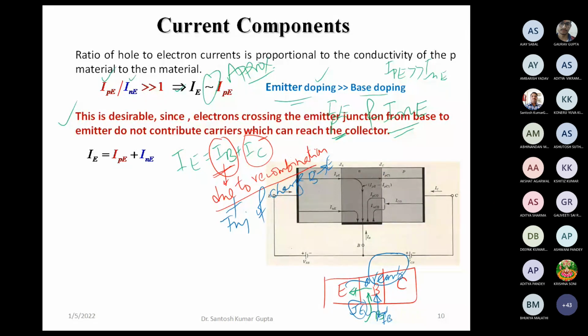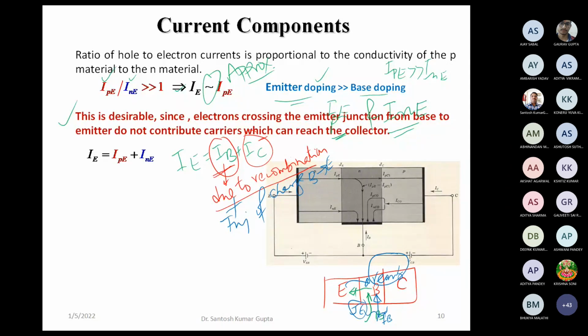Now this picture shows the different current components which arise, as we discussed.